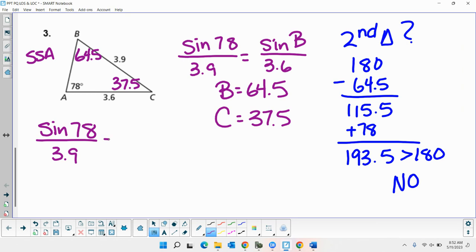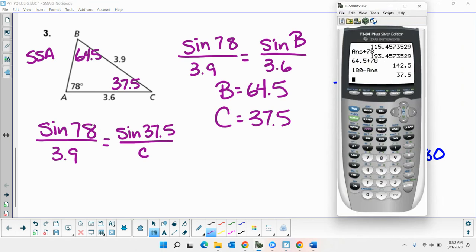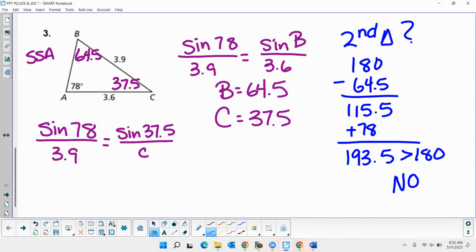And then sine of 37.5 over C. And cross multiply and divide. So 3.9 sine of 37.5. Close up the parenthesis, divided by sine 78, close it up, and that's 2.4. So side C is 2.4.